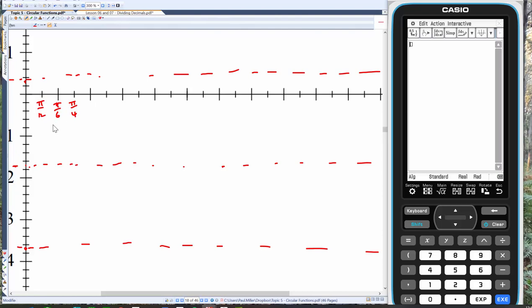It can help to put the unsimplified version as well. 4 pi on 12, which is 2 pi on 6. 5 pi on 12, 6 pi on 12, which is pi on 2, 7 pi on 12, 8 pi on 12, which is 2 pi on 3, 9 pi on 12, which is 3 pi on 4, 10 pi on 12, 5 pi on 6, 11 pi on 12, and 12 pi on 12, which is just pi.